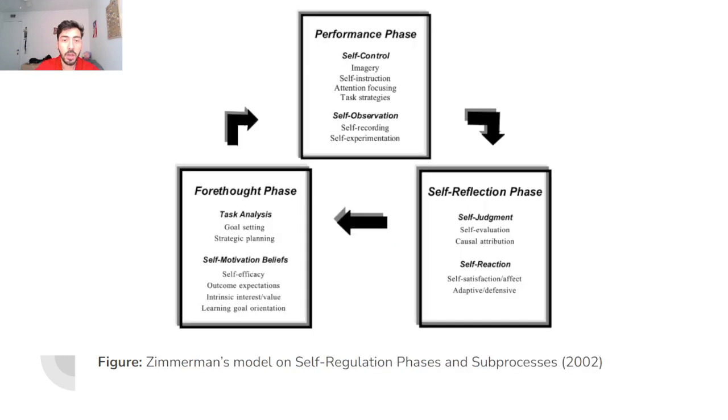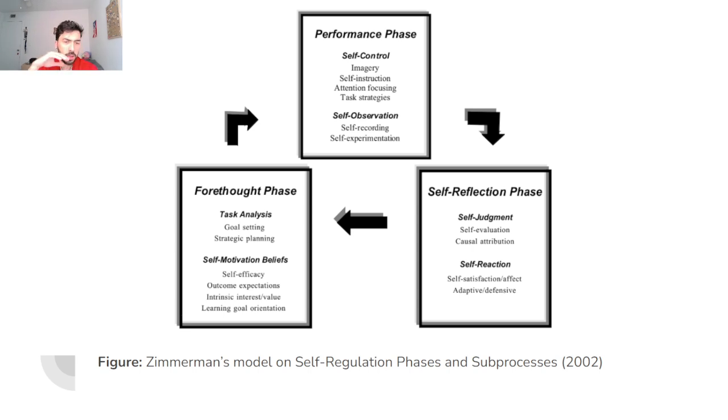And here, which is the most commonly known model, is Zimmerman's model on self-regulation phases and subprocesses. This one has been seen a lot, and it consists of three different phases. We have forethought.